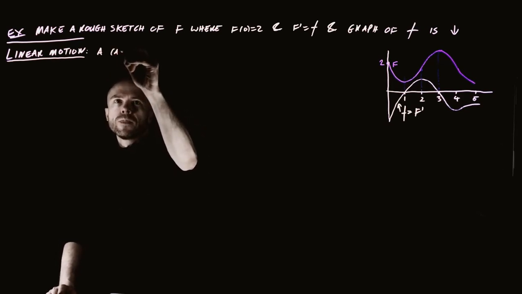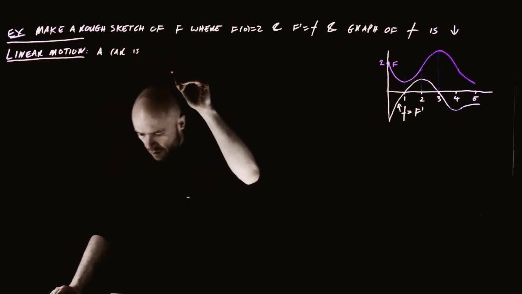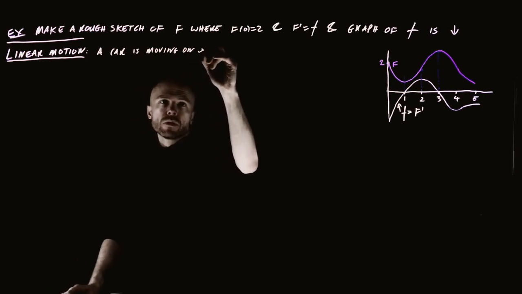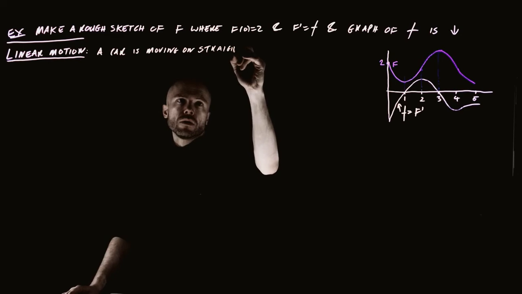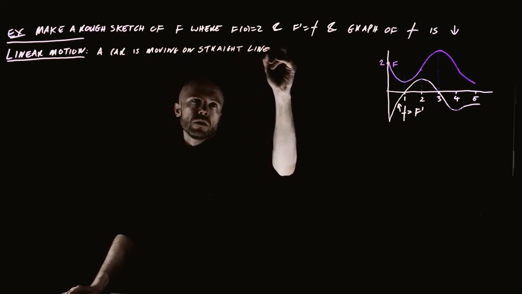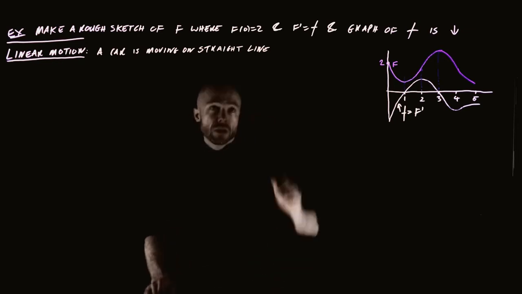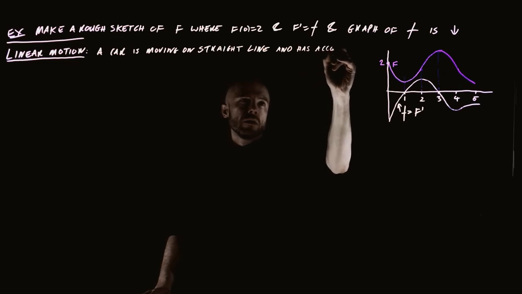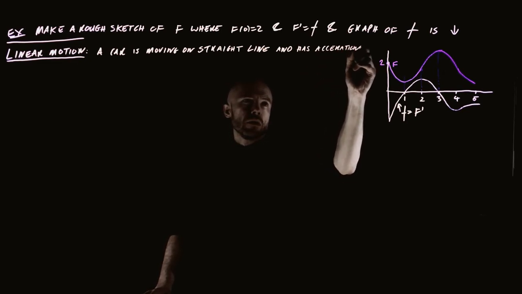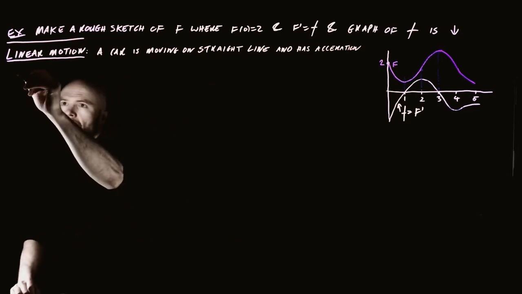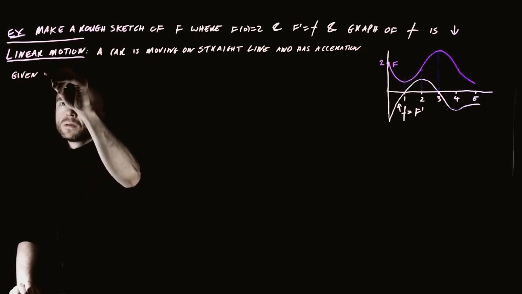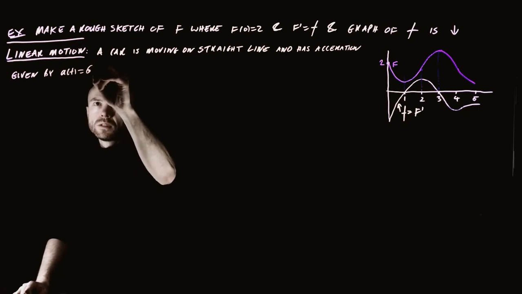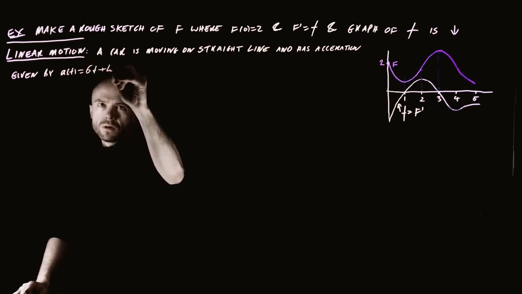So a car is moving on a straight line, and has acceleration given by a of t, which is equal to 6t plus 4.